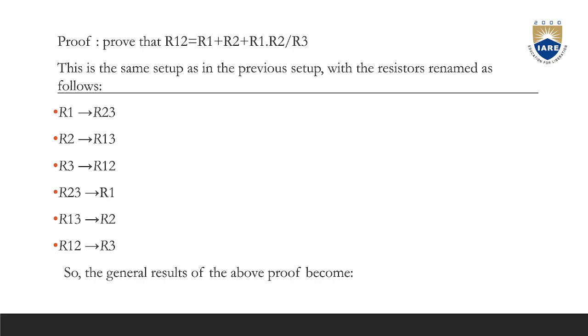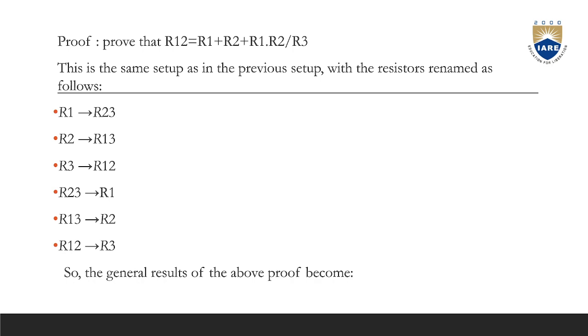This is the same setup as in the previous proof, with the resistors renamed as follows: R12, R23, R13 for the delta and R1, R2, R3 for the star.